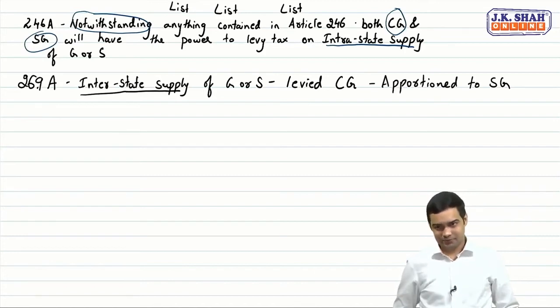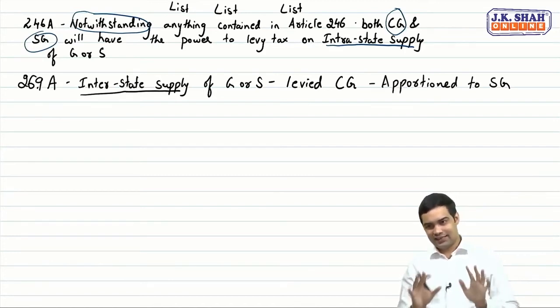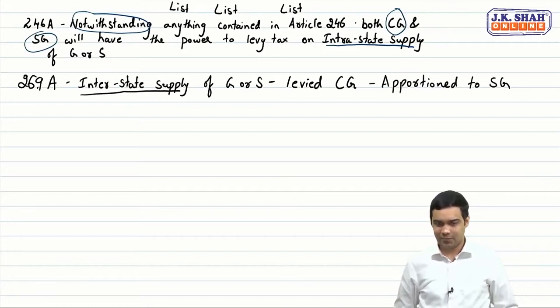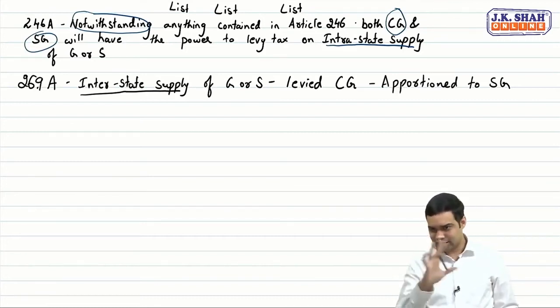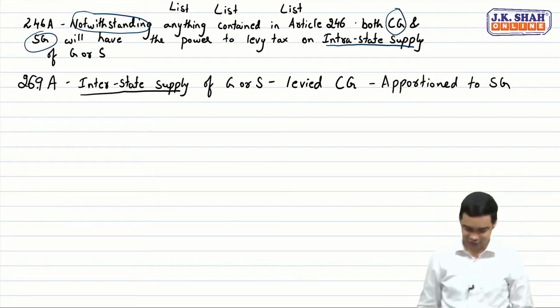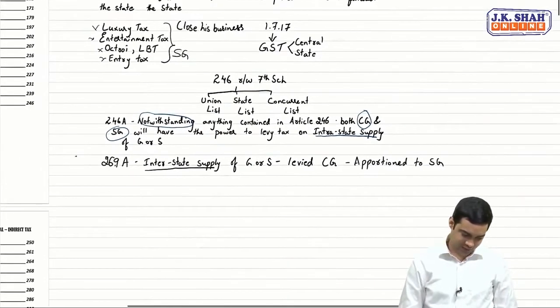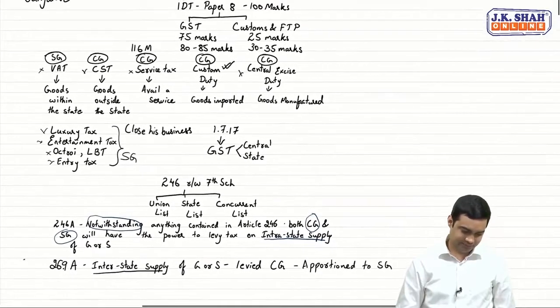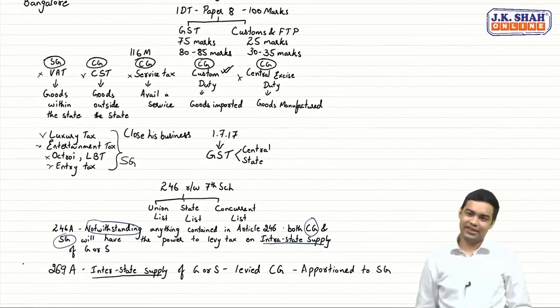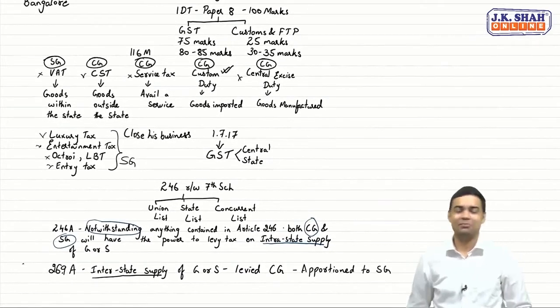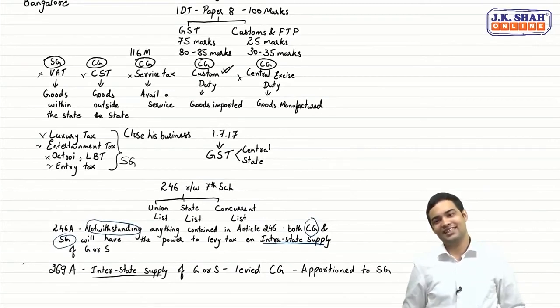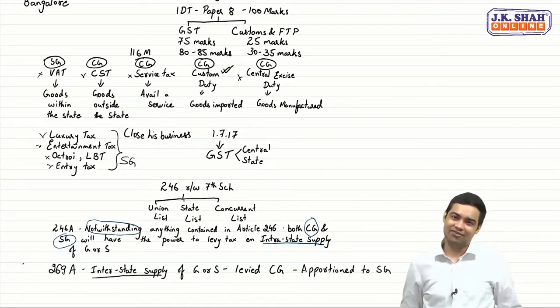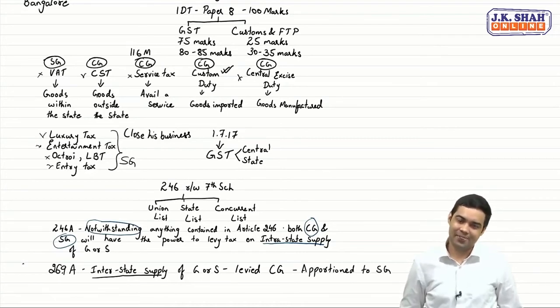Now, let's try to recollect what we have said till now, and thereafter we will move forward. Let's try to sum up this entire discussion which we have had. Now, first thing, we discussed about indirect taxes. Indirect taxes, paper 800 marks. GST comprises of 75 marks, while customs and FTP 25 marks.